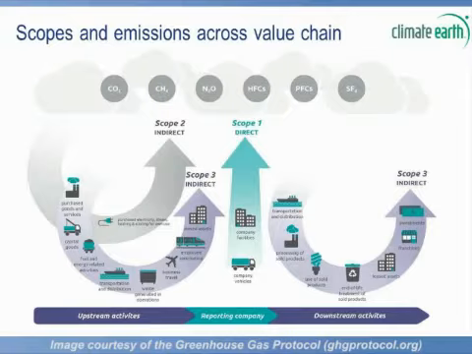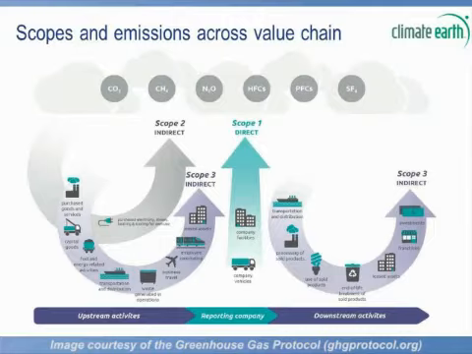Now, in the case of most companies, the Scope 3, the indirect emissions associated with creating and manufacturing the goods and services that go into the products or services of the company, so all the things the company buys, and the use of and disposal of products that the company sells, are often a much larger pie of emissions than the actual direct emissions of the company.